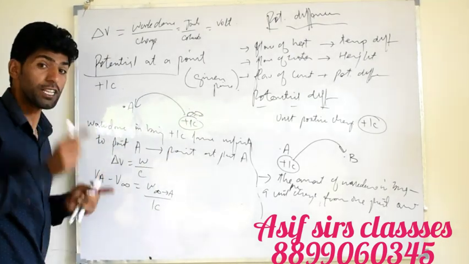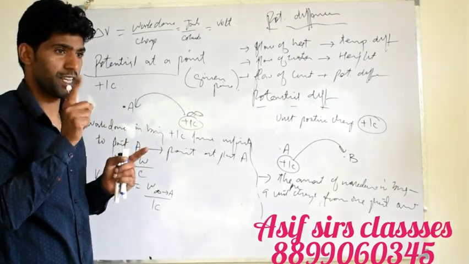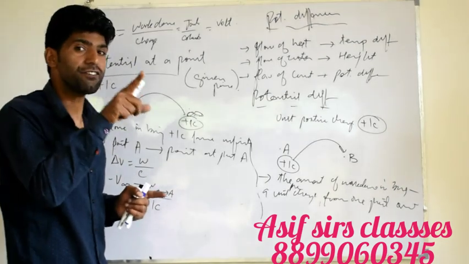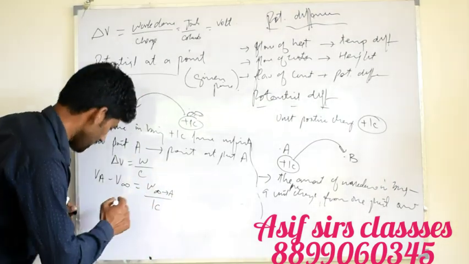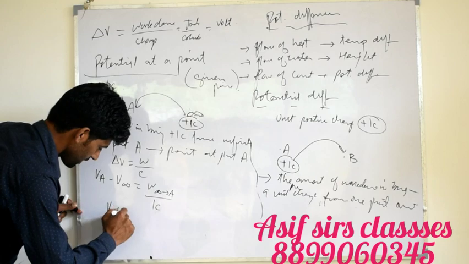Now in physics there is a concept that potential at infinity is equal to 0. That means V infinity is equal to 0.